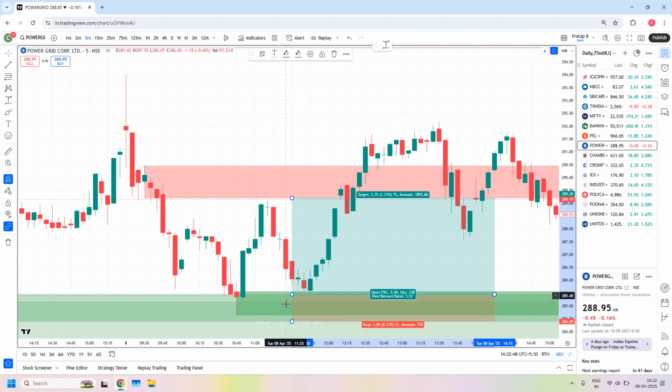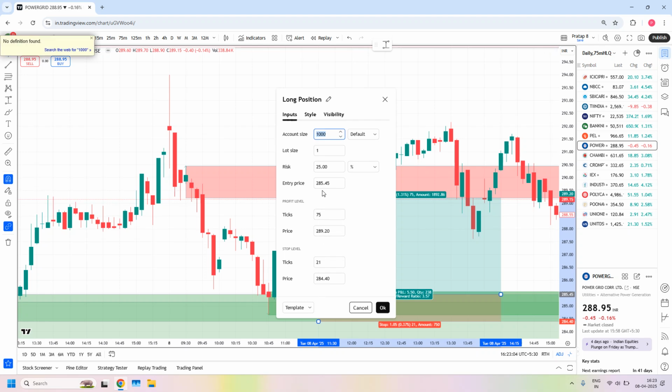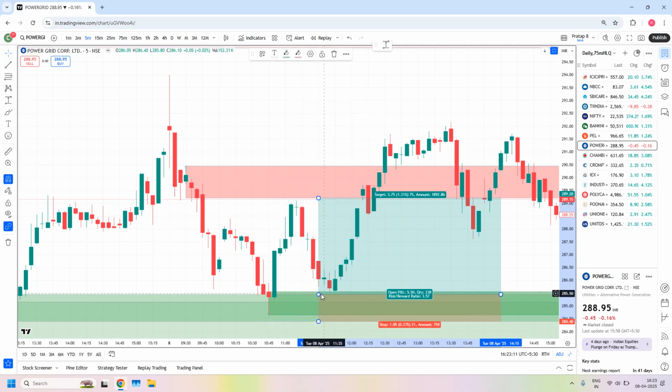Just because of the 10 paisa, the risk went beyond 2%. See, from this entry and the target, it went beyond. If you're taking this 285.55 paisa, instead of that, if you are taking the trade at 285.45 paisa, 10 paisa inside the zone, now risk will be managed up to 2%. 1.97% something it is coming, it is almost 2%.